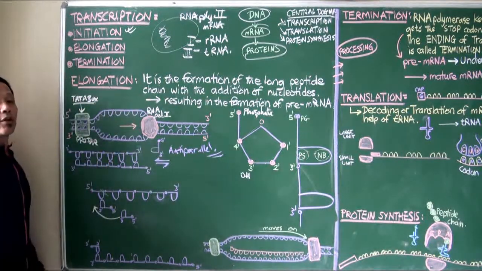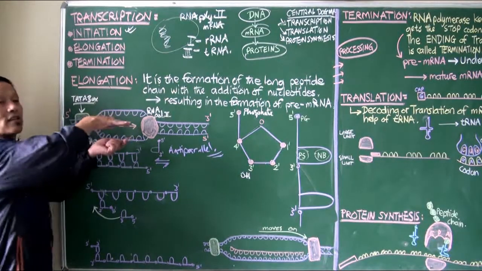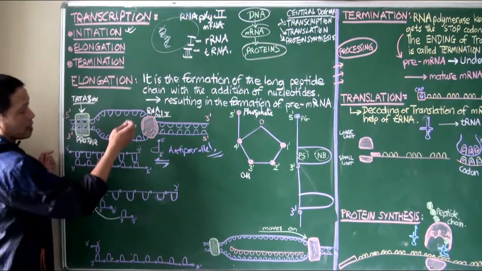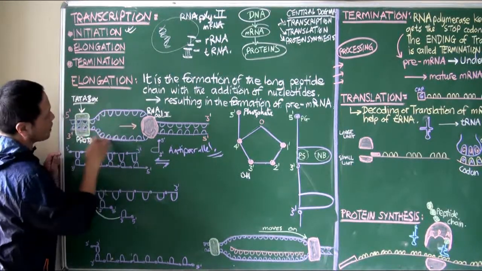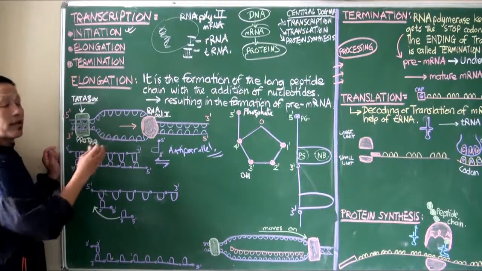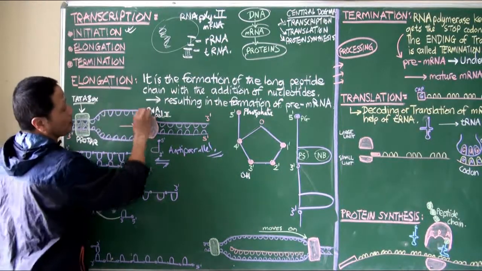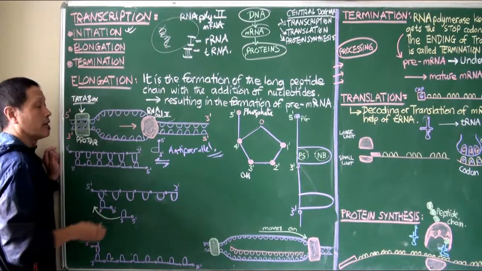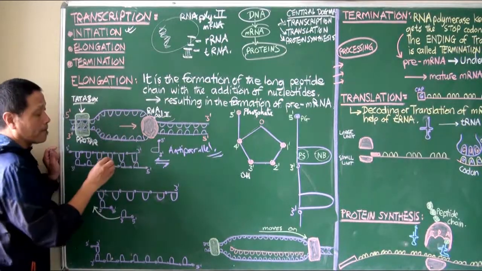Now what happens is, once the DNA strands are separated and the Y fork for copying of the DNA is produced, the same polymerase begins to copy.